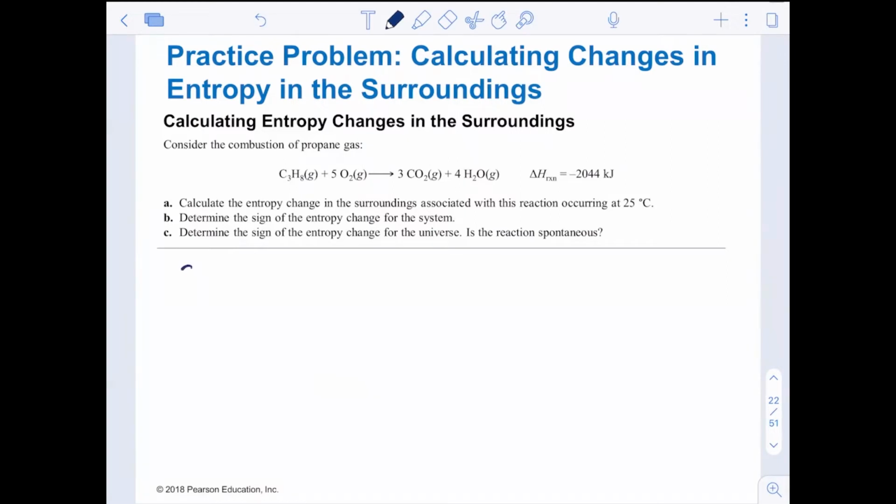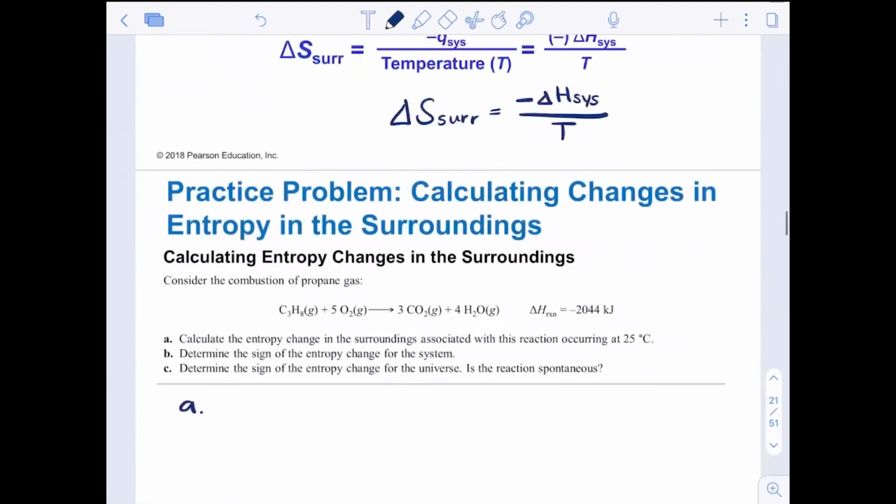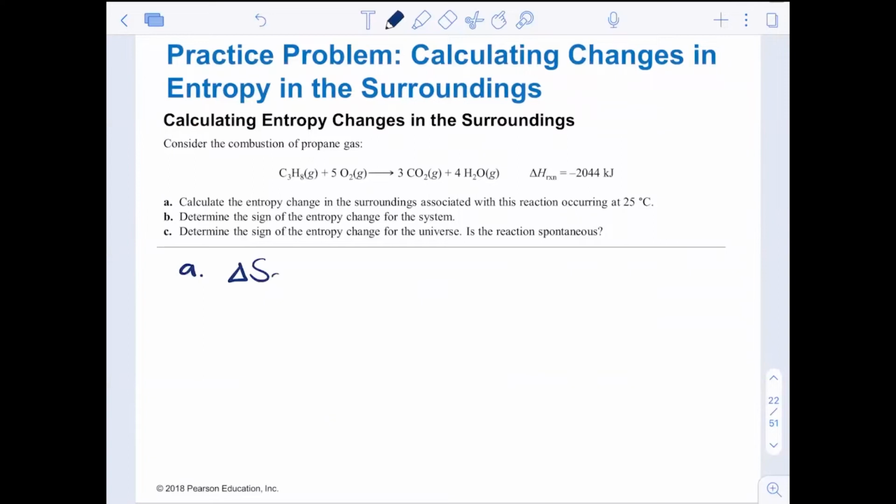So first step, A: the delta S of the surroundings is equal to the negative delta H of the reaction over temperature. Temperature here needs to be in Kelvin. Why? Because degrees Celsius has negative values. For all of these reactions, we have to convert to Kelvin. So degrees Celsius plus 273.15 equals Kelvin.